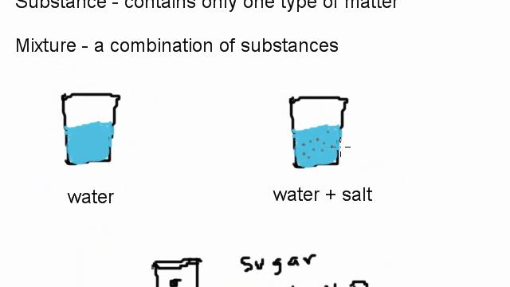Okay, so the example of water and salt, if you place salt inside of the water and you stir it with a spoon, the salt and the water become one, and that's what I mean when I say uniform. So this is definitely an example of a homogeneous mixture. Okay, so salt water is an example of a homogeneous mixture.